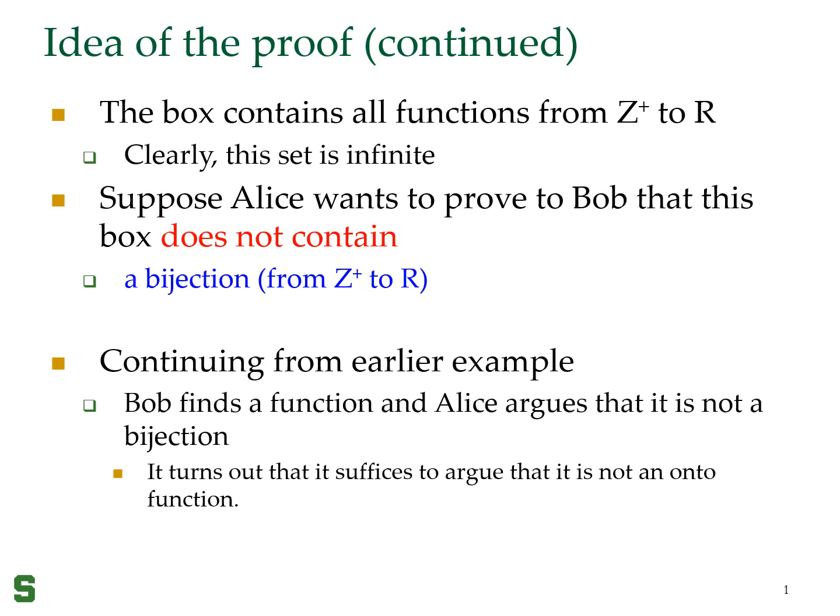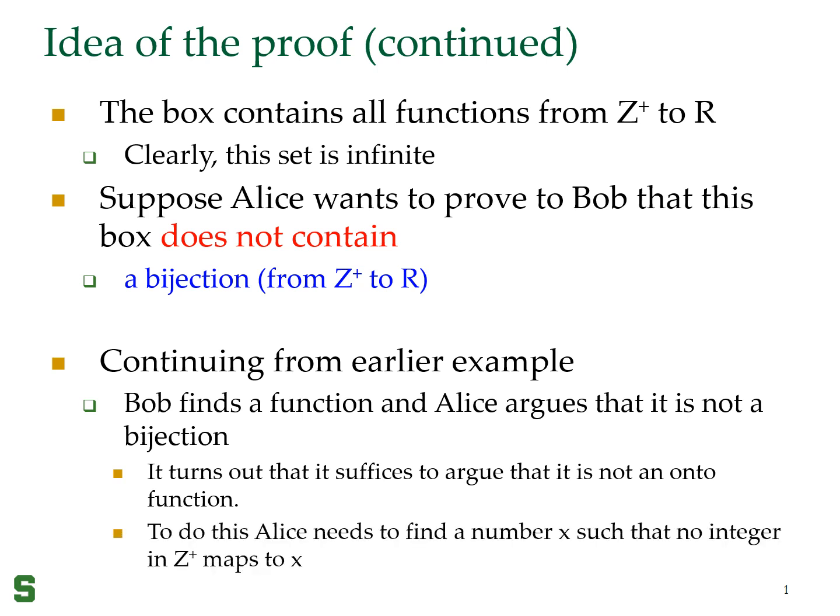It turns out that really what we care about is that the function is not an onto function, because we can clearly create one-to-one functions from Z plus to R. It's the onto that is going to get us in trouble. Now, if Alice needs to show that the function is not onto, what does it mean? That means Alice has to look at the function.